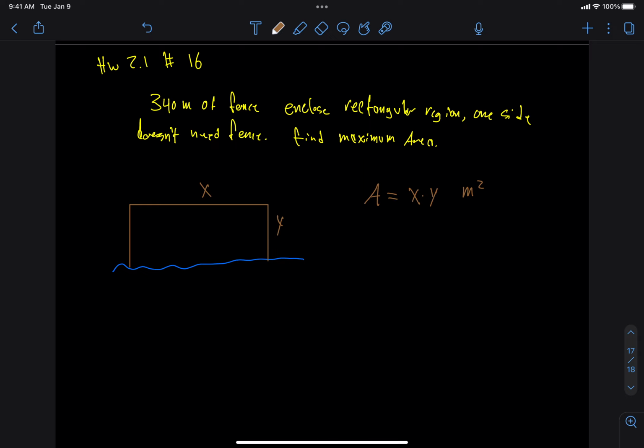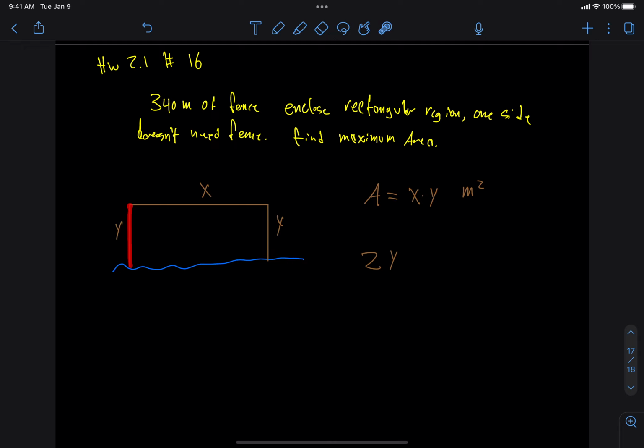And there's one other equation which I also have, which is going to have something to do with this number. Yeah? Perimeter? Yes, perimeter. How do I get the perimeter of this fence? This one, 2y plus x. Yes. So how much fence do I use?